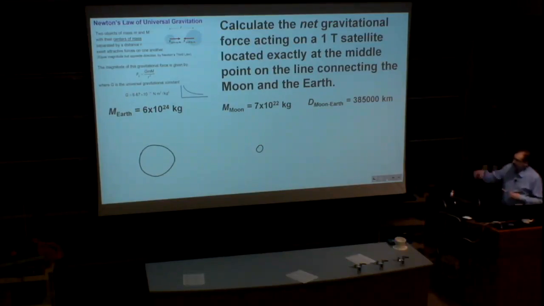It travels in a spiral, speeding up and eventually reaching a certain speed. But we can imagine that at a certain instant, this satellite is exactly at the middle point between the Earth and the Moon.